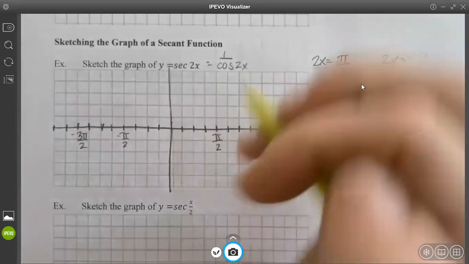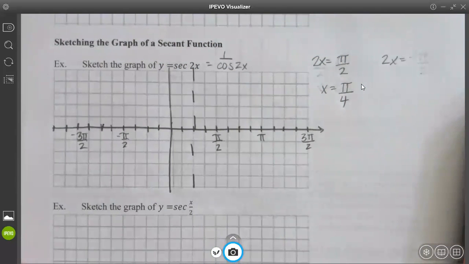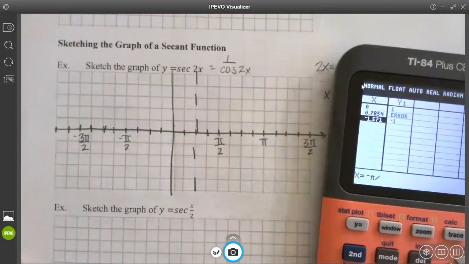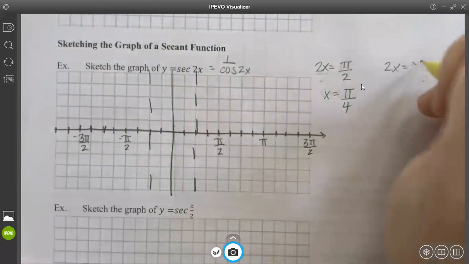So we know that pi over 4 gives us a vertical asymptote. No, I typed in the wrong thing. There we go. You were right. I don't know what I typed in.